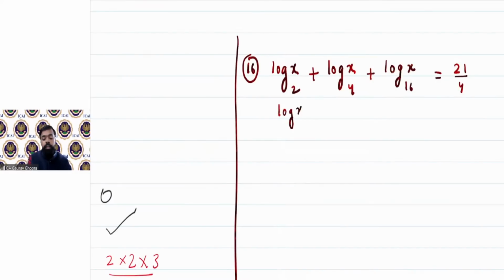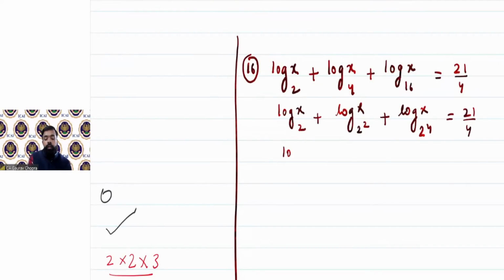Now we have done one property of powers. So it can be written as log x base 2. 4 can be written as 2 square and 16 can be written as 2 to the power of 4. Now the power of the denominator will come in the denominator only.